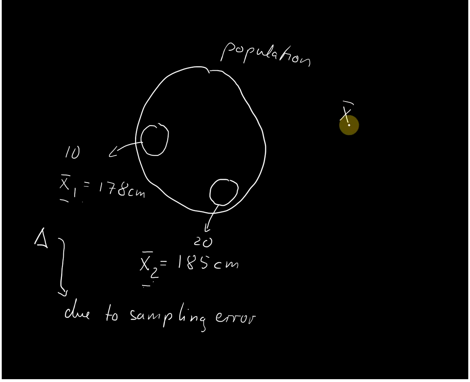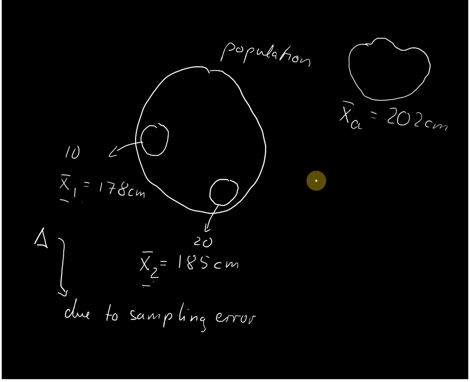So let's call this, for example, X A. And we found that this average is about 202 centimeters. Now, I don't know where this sample comes from. Is it from this population, or is it from, say, a different population like this one? I don't know where this sample comes from.